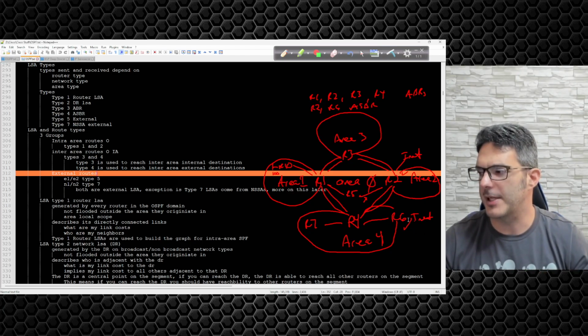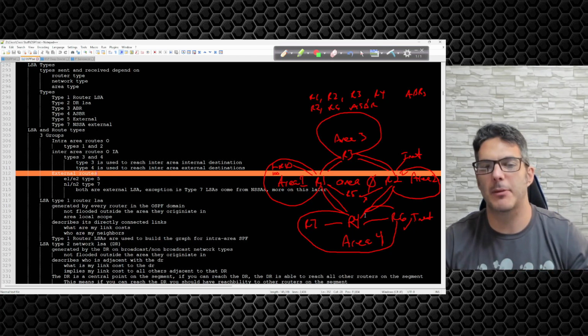But if I was to create a loopback and throw that loopback into EIGRP, BGP wouldn't work. I need EIGRP or RIP. Advertise it into EIGRP and then redistribute EIGRP into OSPF. I want to say that would work. I don't know, I'd have to double check. But anyway, not very important for our discussion.